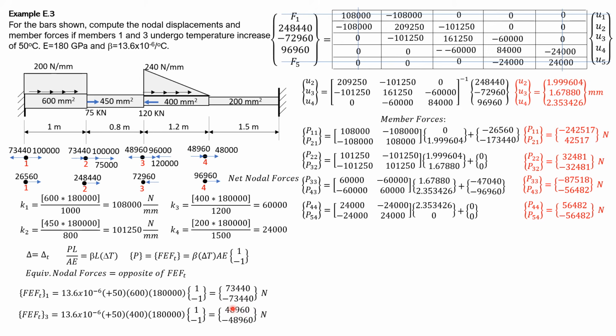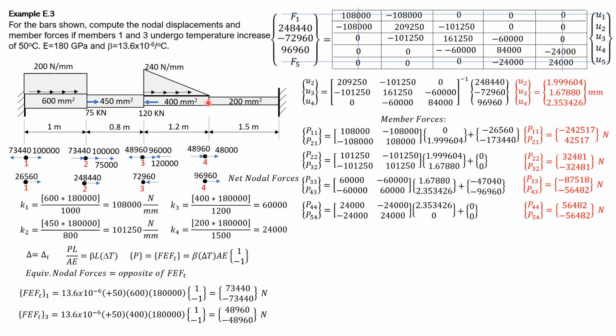But the nodal force is opposite to this. So if this is rightward, then the equivalent nodal force should be leftward. So leftward 48,960. Then the equivalent nodal force due to this loading is 240 times 1,200 over 3. That's why you get 96,000. That's rightward. There is a load of 120,000 to the left, so we put it there, negative 120,000 leftward.